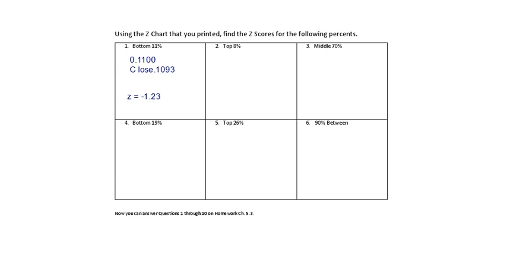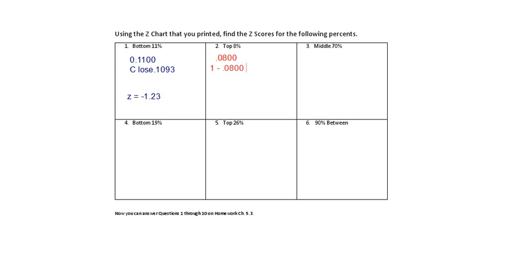All right. Top 8%. Well, first of all, 8% is the same as saying 0.0800. And what I'd like to do is subtract that from 1, because top means subtract from 1.